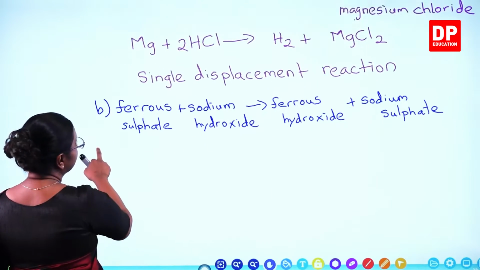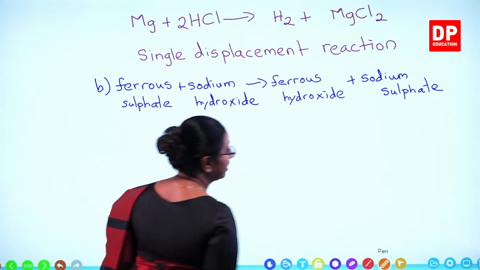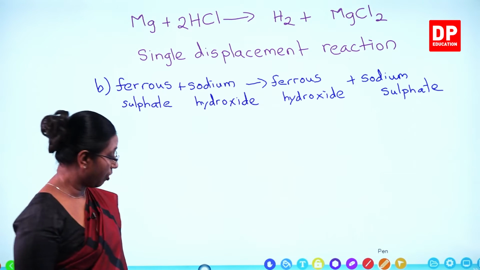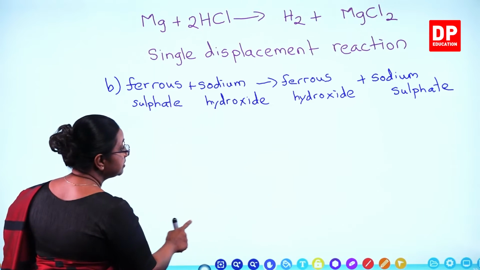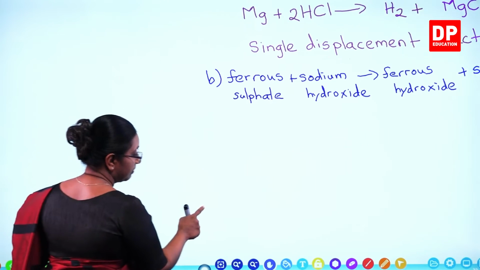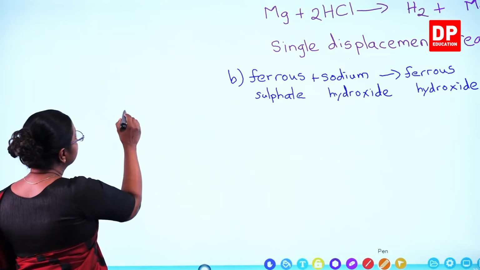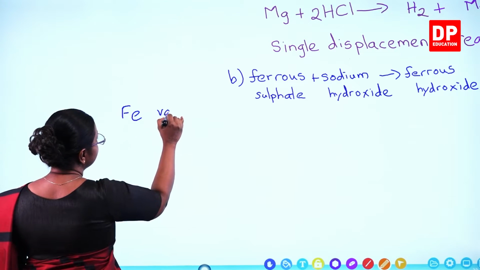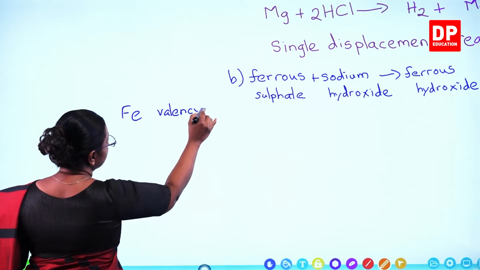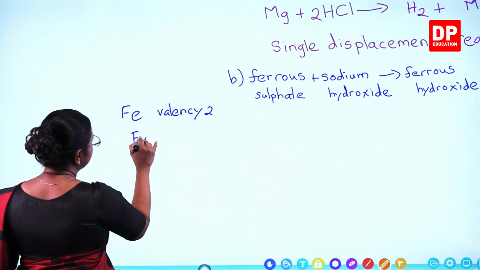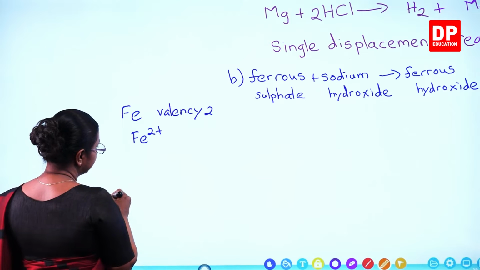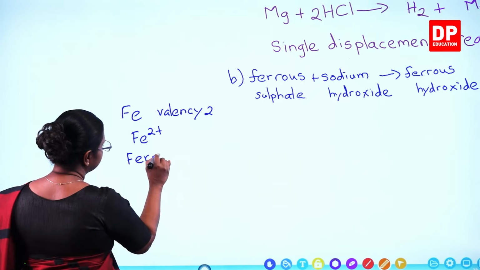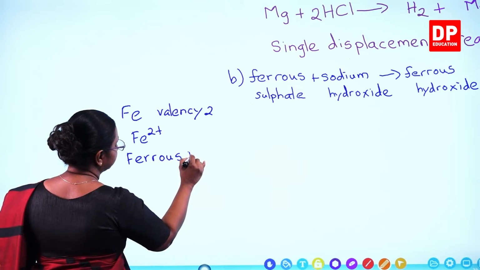Now we need to write the balanced chemical equation. To do that, you need to write the chemical formula. So here students, before I go to that, you have to remember, now iron, when it has a valency 2, the iron becomes Fe2+, and that is called ferrous iron.